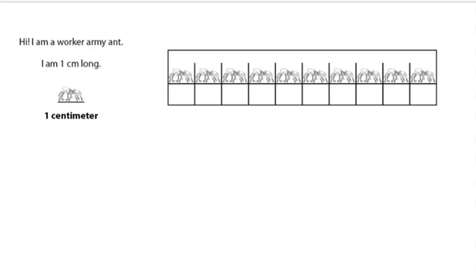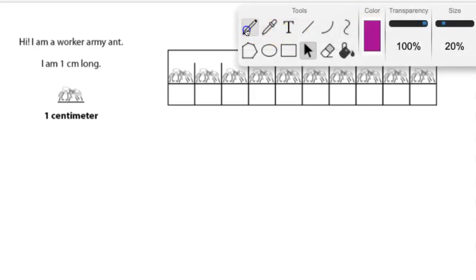So if we count all of our army ants, we're going to count 1, 2, 3, 4, 5, 6, 7, 8, 9, 10 army ants.